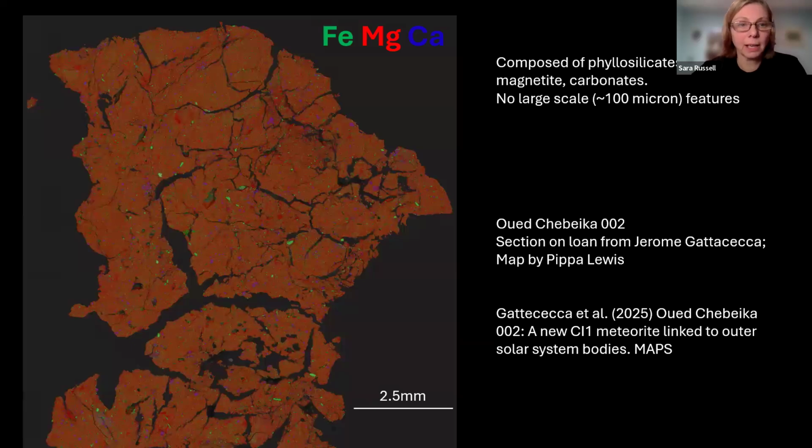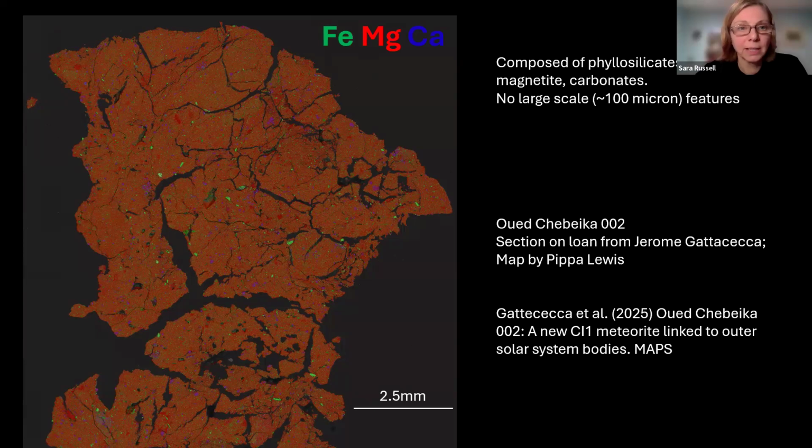Okay, so looking in a bit more detail at the composition, this is an element map which was made by our student Pippa Lewis of the new CI meteorite find, Hayabusa2, which was kindly loaned to us by Jerome Gatacheka. In this element map, iron is green, and that means that all the sulfides and magnetite show up as bright green particles.